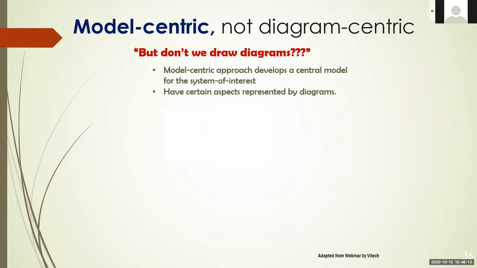Maybe for this talk, some people believe that model-based system engineering was just about doing models. Just do a model, do a sketch, drop it over there, and then it's model-based. Now we're trying to move from diagram-centric to model-centric. So in the model-centric approach, we will develop a central model for our system of interest.